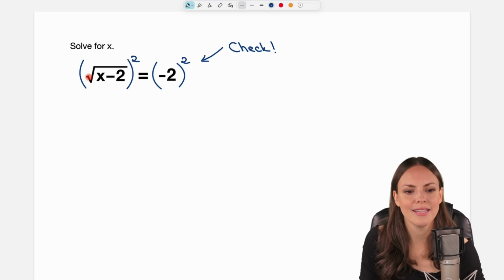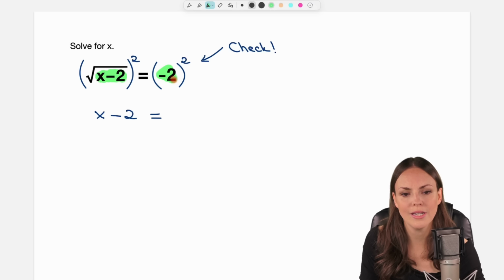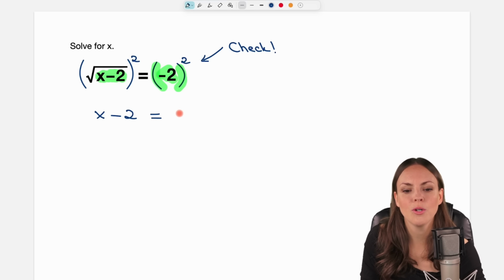We square this square root, which means that the square root disappears and only the things that were in the square root are left, so only the x minus 2. And on the other side, we square the negative 2. So the negative 2 is in these parentheses, which means we have negative 2 times negative 2, which is equal to 4.